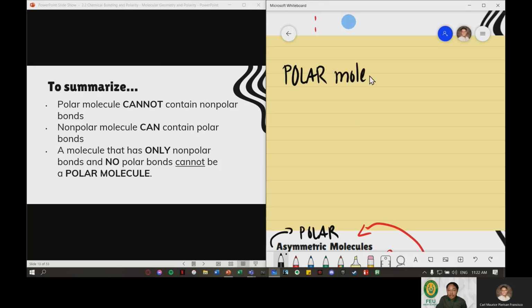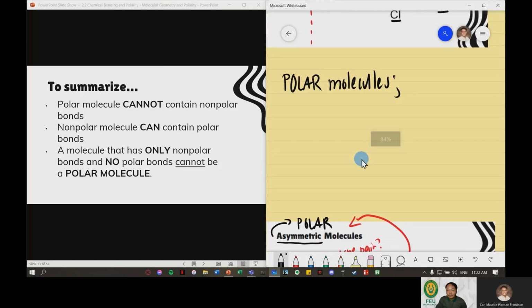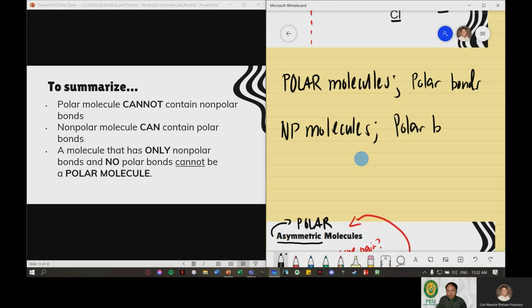polar molecules can only have polar bonding. However, nonpolar molecules can have either polar bonds or nonpolar bonds.